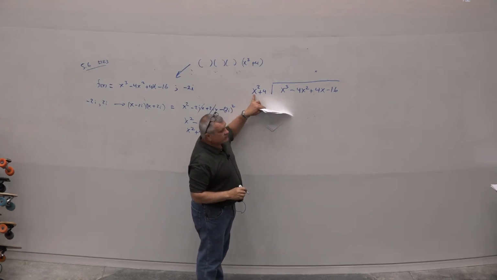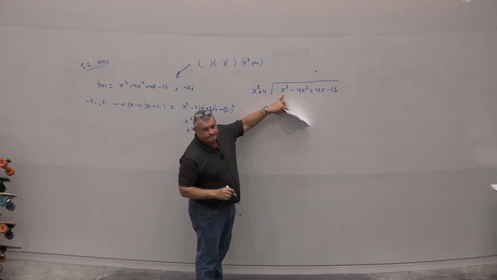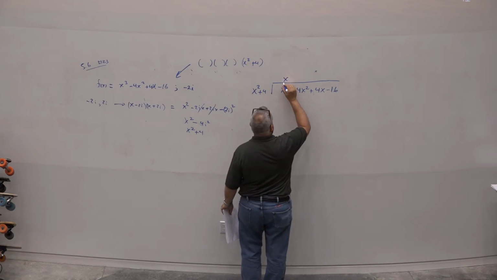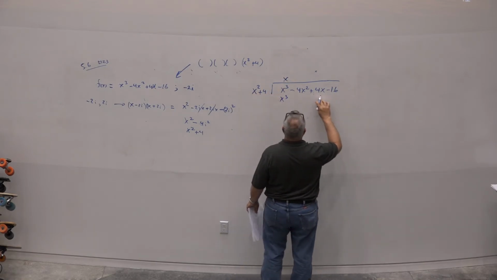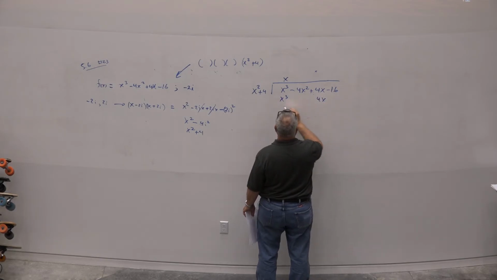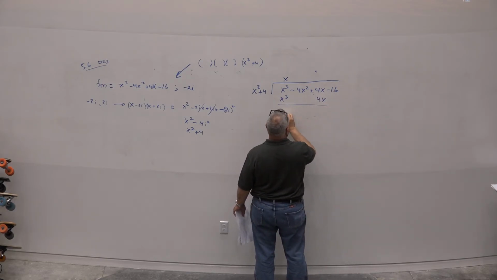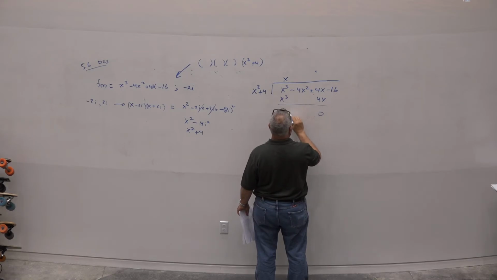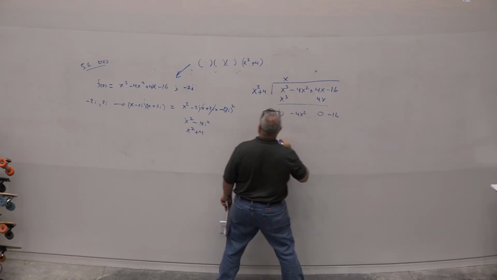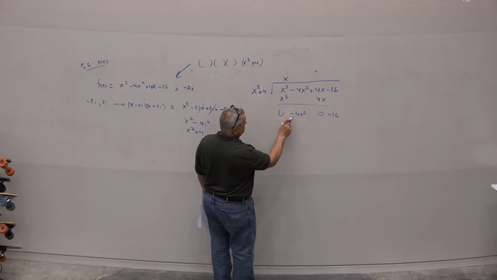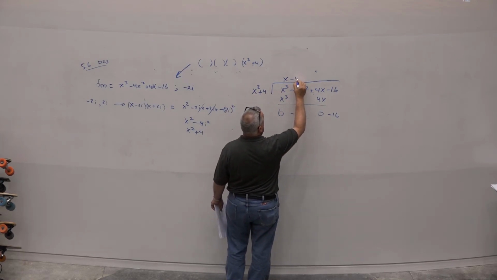Well, what do I need to do to this to make it look like that? X. Okay, so x times that, x cubed. X times this, 4x. Subtract. Well, I know that's 0. I know that's 0. This is a minus 4x squared minus 16. What do I need to do to this to make it minus 4?